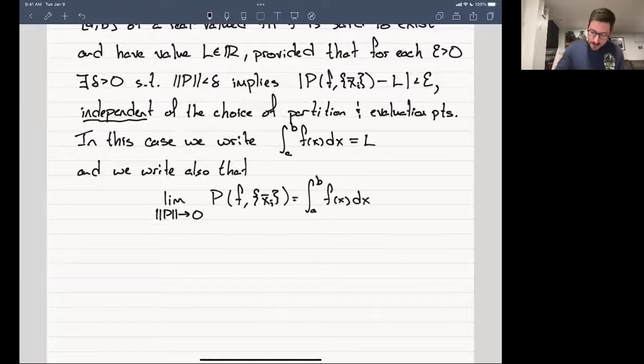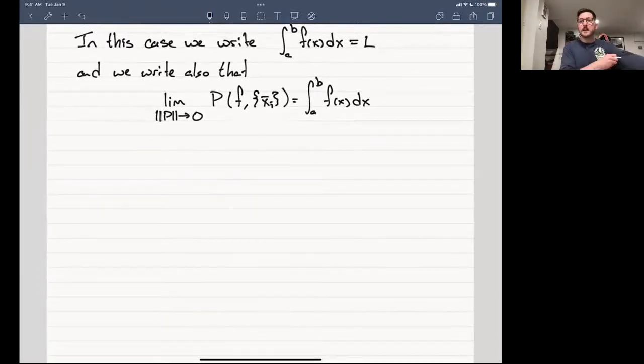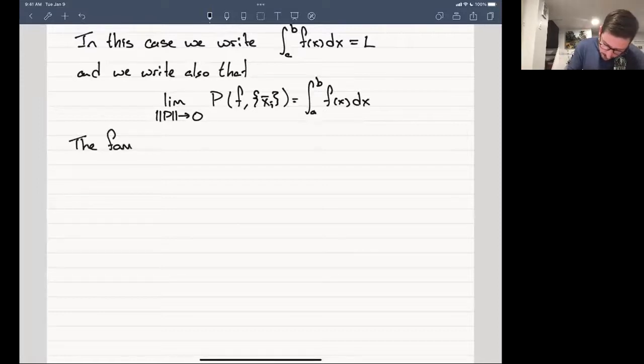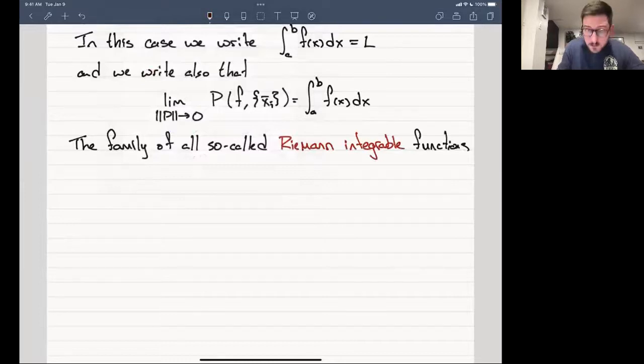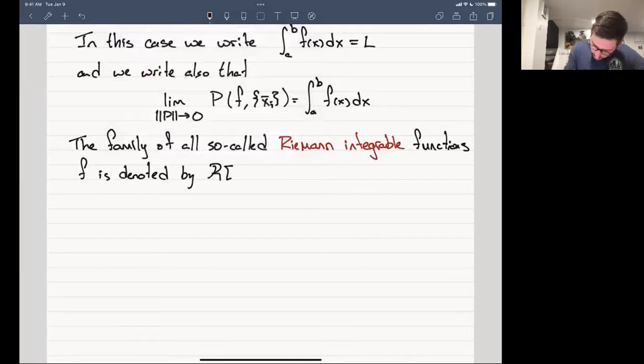Okay, now the last piece of this, I want to put one more piece at the end of this definition. So now we have another definition: the family of all so-called Riemann integrable functions, so functions that have a Riemann integral, is denoted by R of AB.